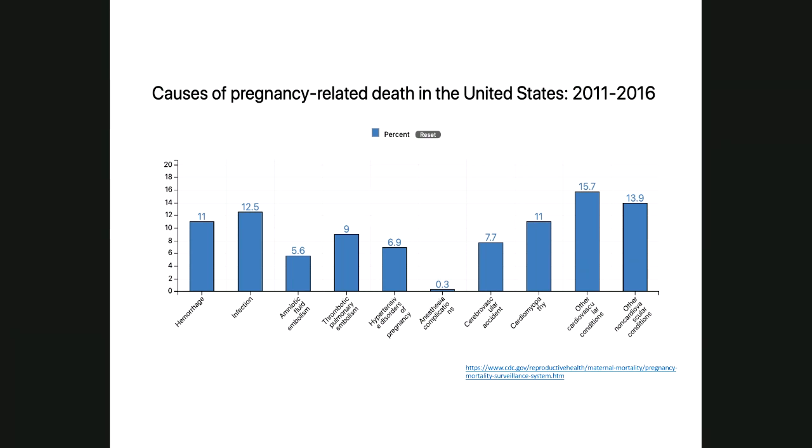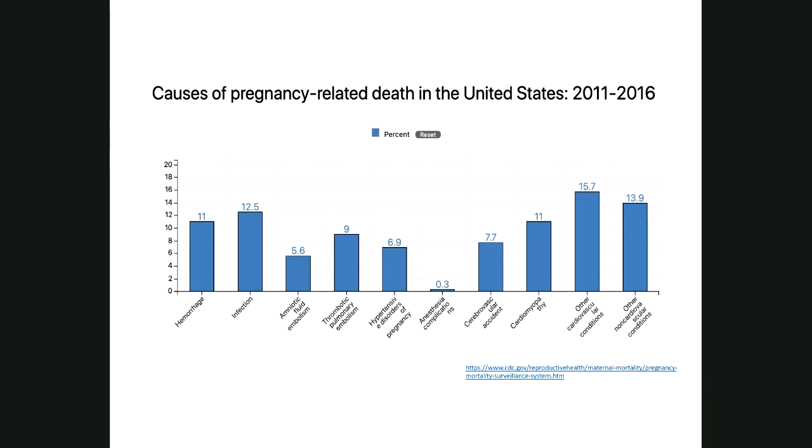This is a graph that shows the most common causes of maternal mortality in 2011 to 2016. Almost half of the deaths in 2016 were caused by hemorrhage, cardiovascular and coronary conditions, cardiomyopathy, and infection. It is estimated that more than 60% of pregnancy-related deaths were preventable in 2016.